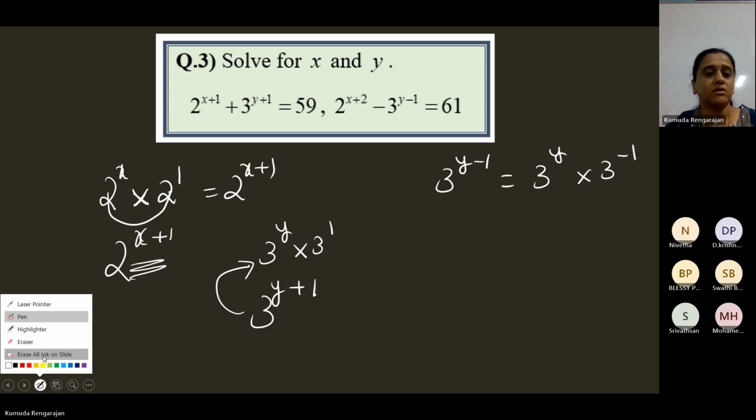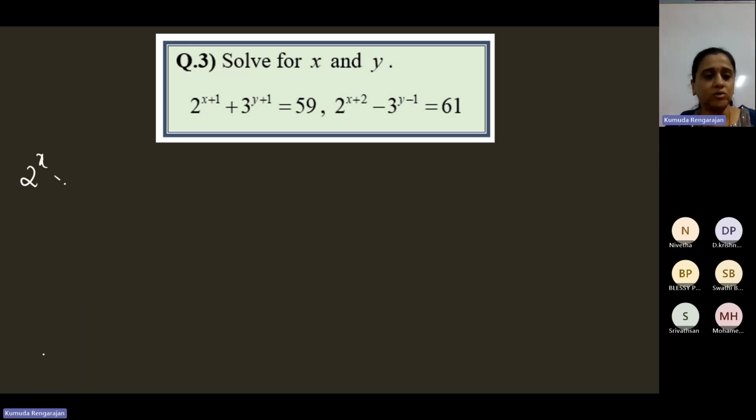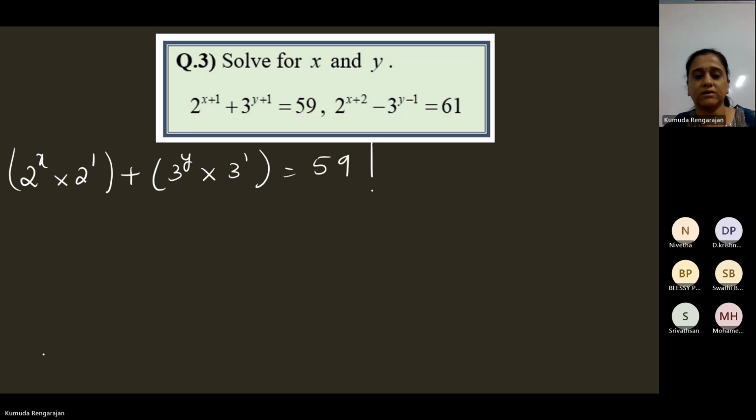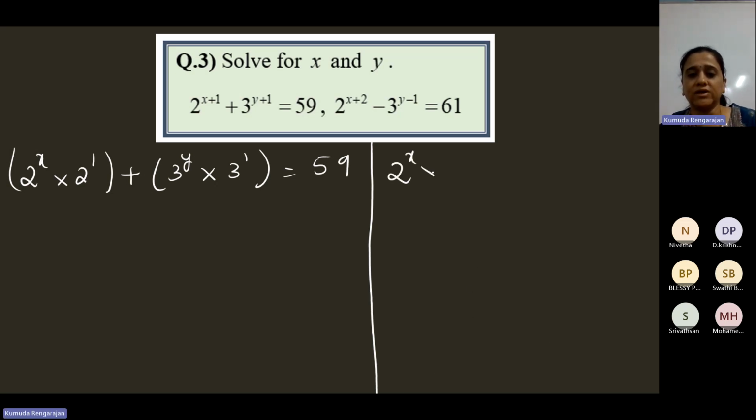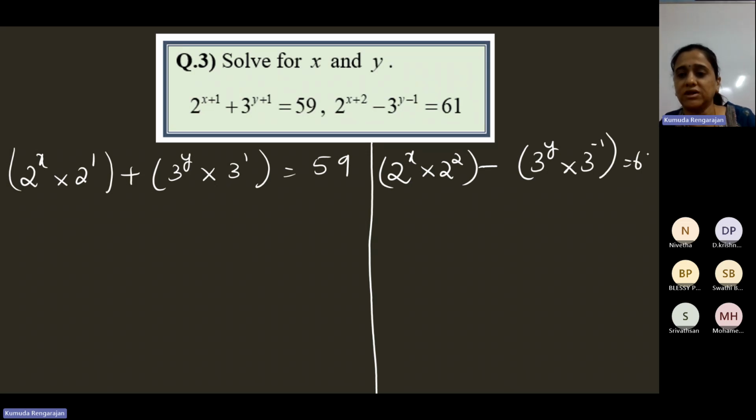So 2 to the power x into 2 to the power 1 plus 3 to the power y into 3 to the power 1 is equal to 59. 2 to the power x into 2 to the power 2 minus 3 to the power y into 3 to the power minus 1 is equal to 69.